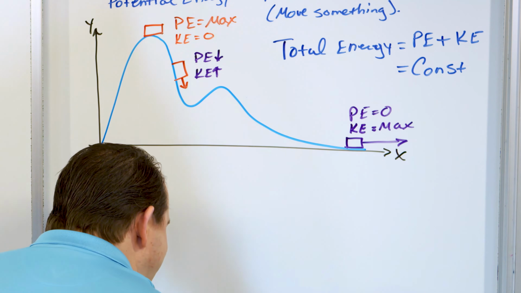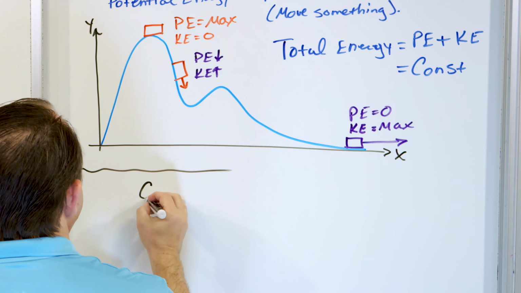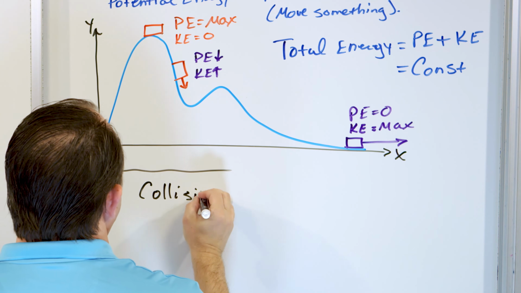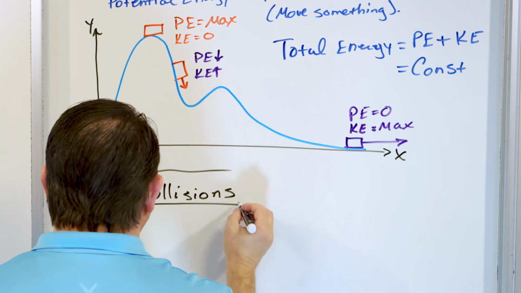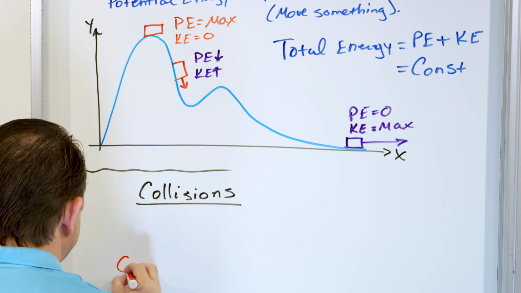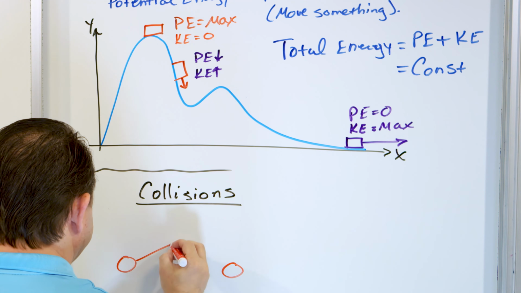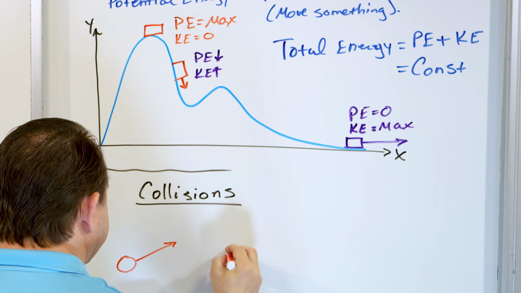All right. After we talk about kinetic energy, we talk about collisions. Right? How do things collide? Because now we know about the law of conservation of energy. We talk about also something called momentum. So when we have collisions here, it means we might have two balls, right? One of them is going this way, and one of them is going this way.